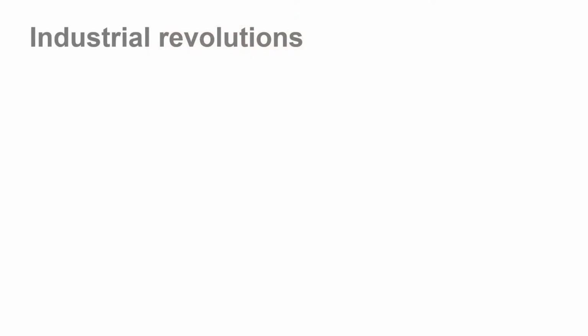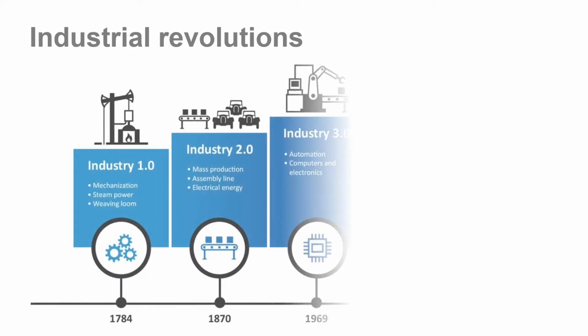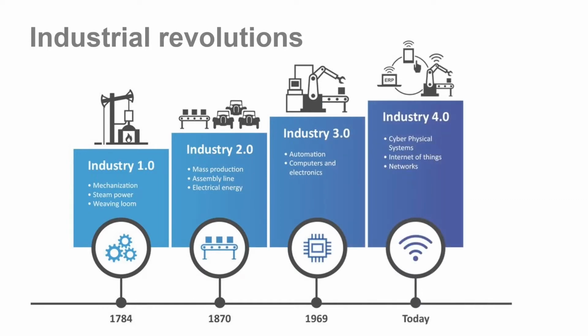You've probably all heard of the fourth industrial revolution, or Industry 4.0, which is where we are now. The evolution from the first industrial revolution, which brought mechanisation with steam power. The second led to the development of the assembly line and mass production with electrical energy. And the third encompassed digitisation with computers and electronics.